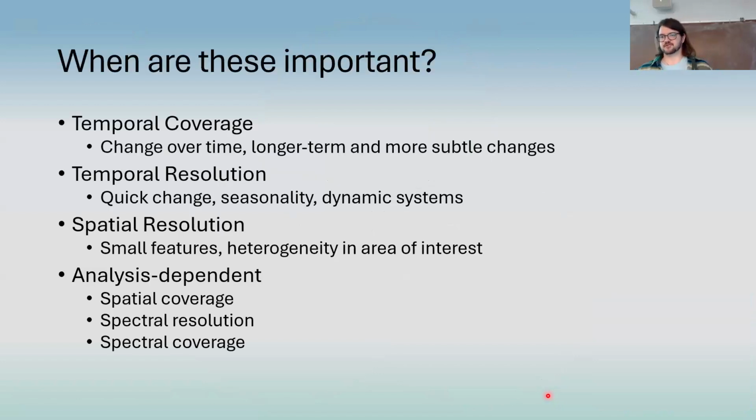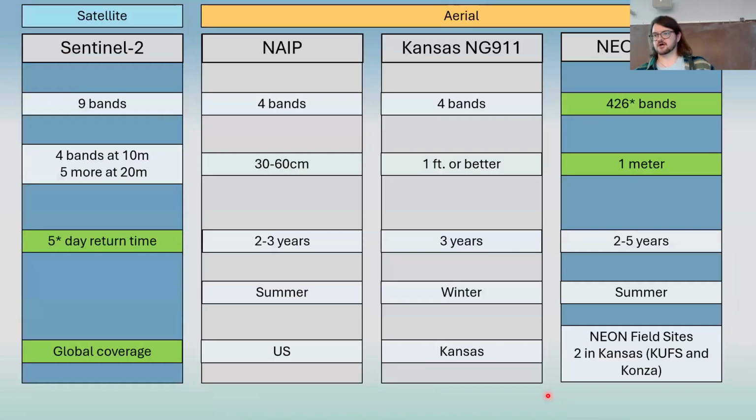And so here's a brief overview of when these might be important. With the NEON aerial hyperspectral imagery, we have great spectral resolution and coverage and relatively high spatial resolution, but we don't have very good spatial coverage, and our temporal resolution, initially it was yearly, now it's gone down.